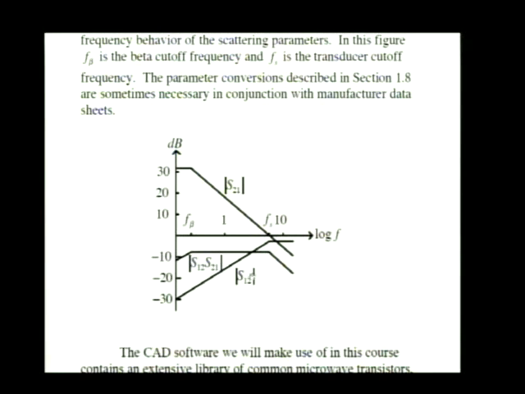And S12 and S21 can be multiplied together to show that their product behaves in some sort of a fashion as shown here. Straight line between the beta cutoff frequency and the transducer cutoff frequency, increasing below and decreasing above.